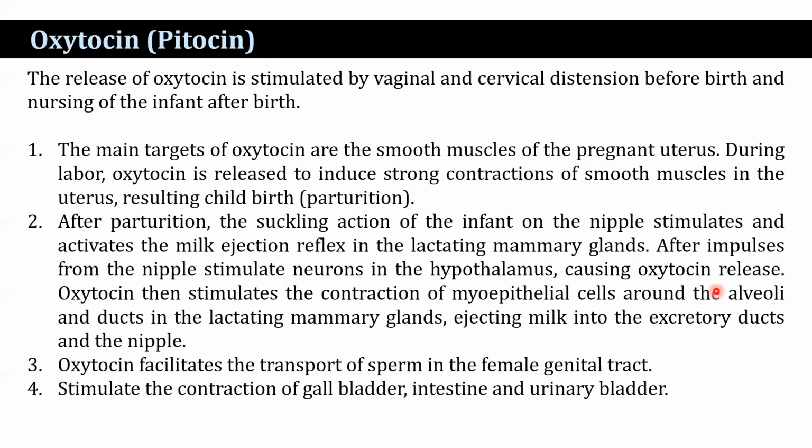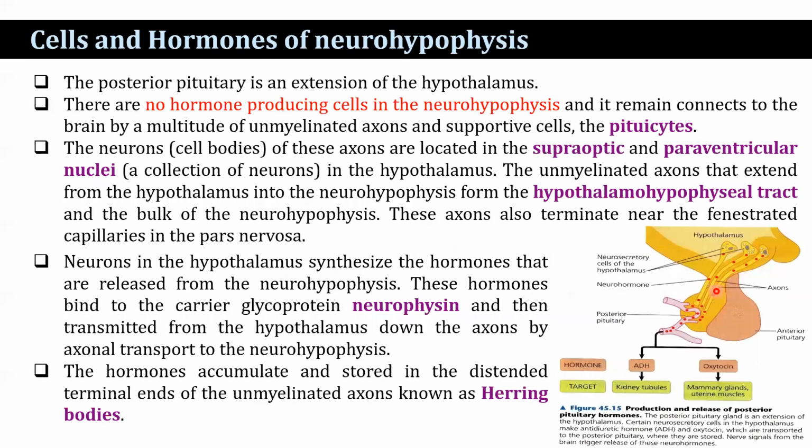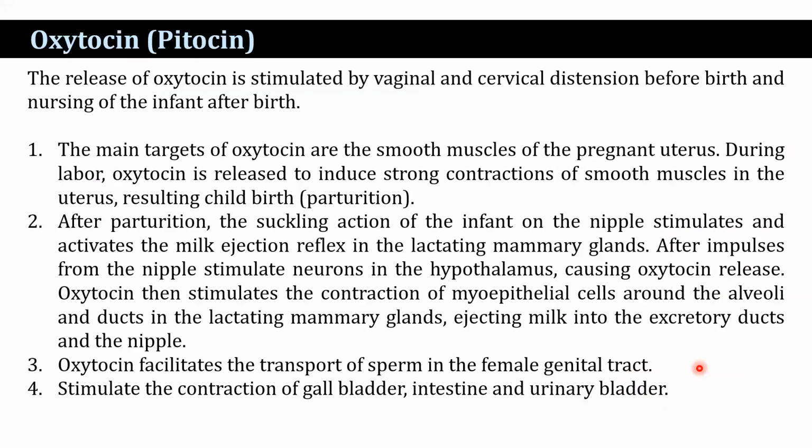Basically two hormones are produced from the neurohypophysis: antidiuretic hormone and oxytocin. Oxytocin, also known as pitocin, is released in response to vaginal and cervical distension before birth and nursing of the infant after birth. The main target of oxytocin is the smooth muscle of the pregnant uterus.